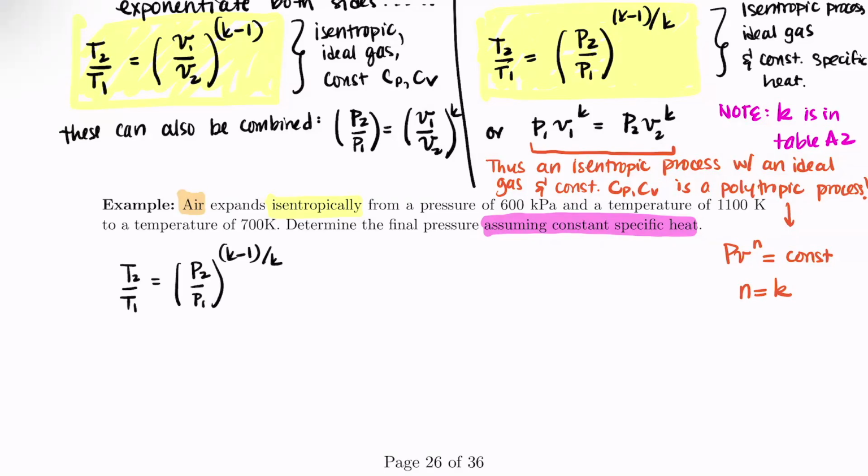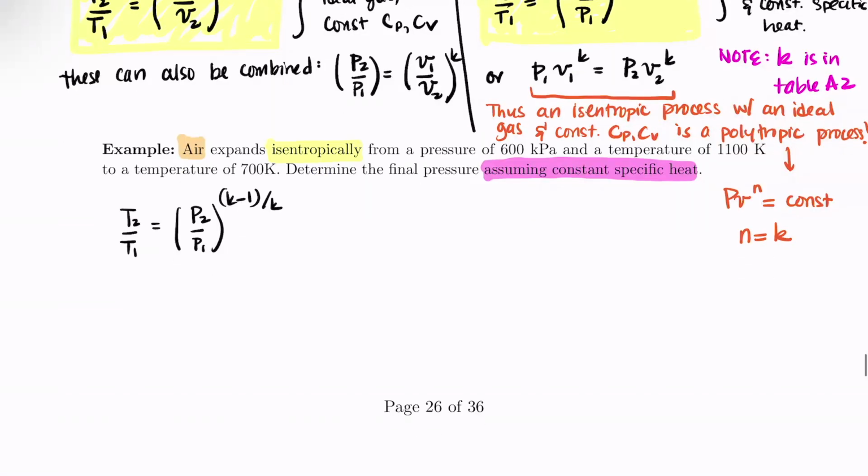All right, and I'm using this one because we're given pressures and temperatures, and we're looking for a pressure, right? So we want to find P2. We have T2, we have T1, we have P1, and then we can look up K in the table.